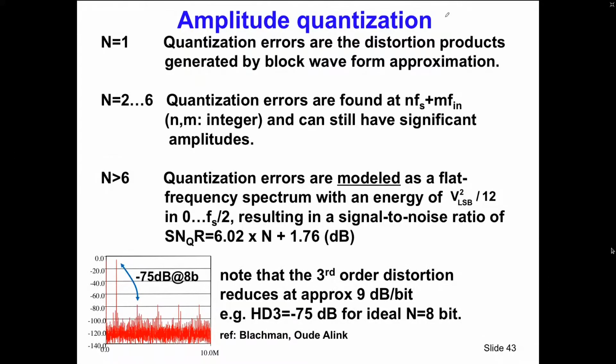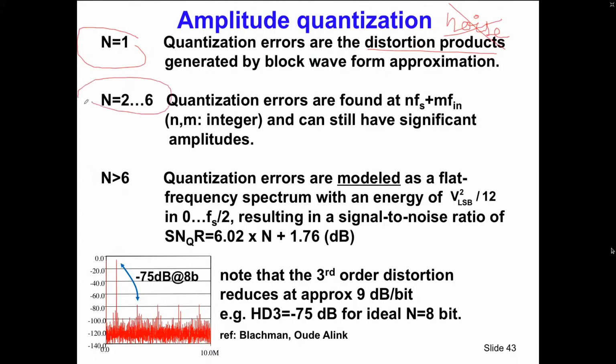Again, I have to fight a lonely fight over here, because I noticed that nearly everybody calls this quantization noise, and I say, no sir, there is no noise there. It is just distortion products that are folded up and down by the sampling process. So for NS1, it's easy. You have a simple comparator that switches between positive and negative.